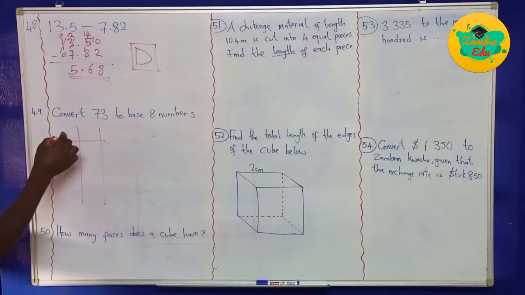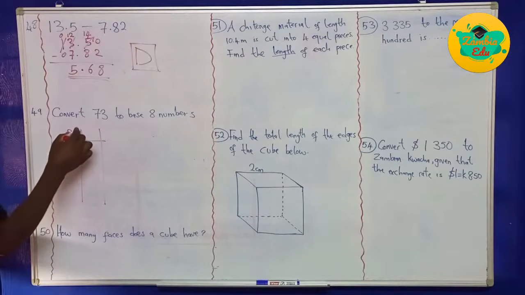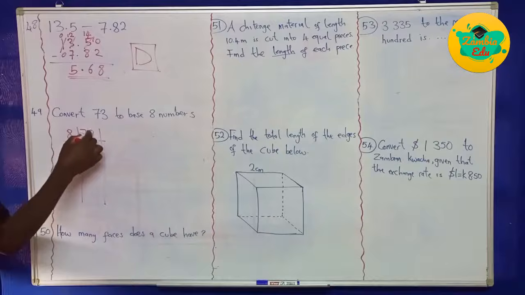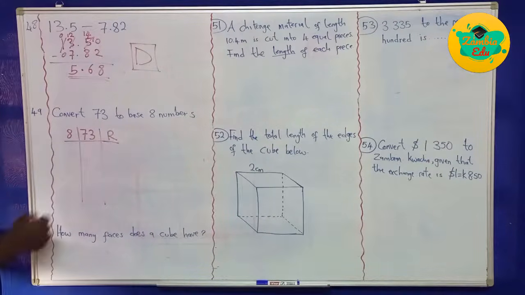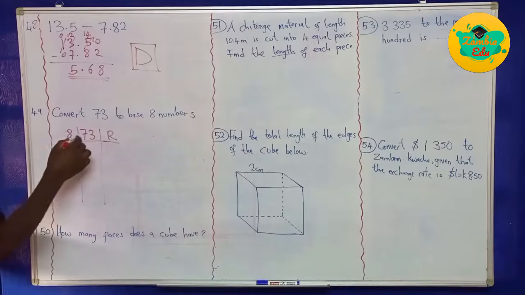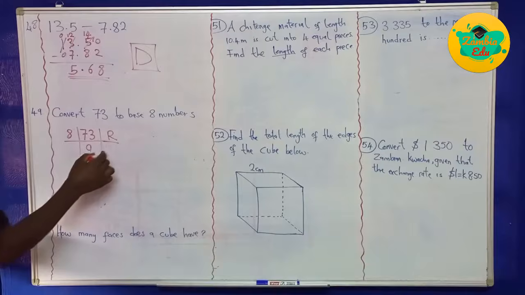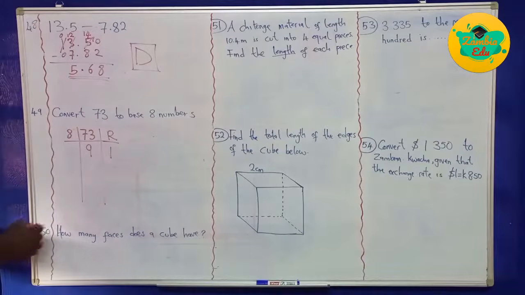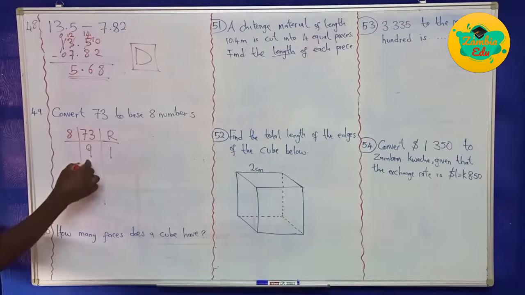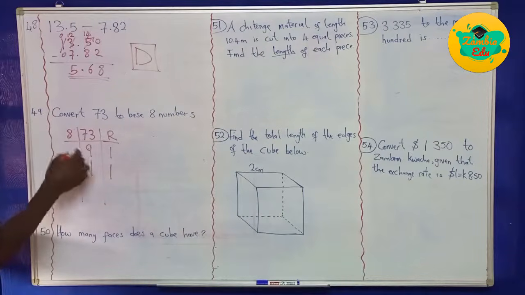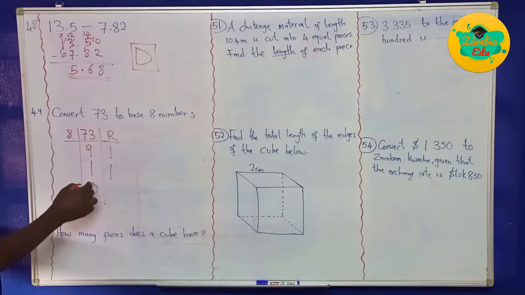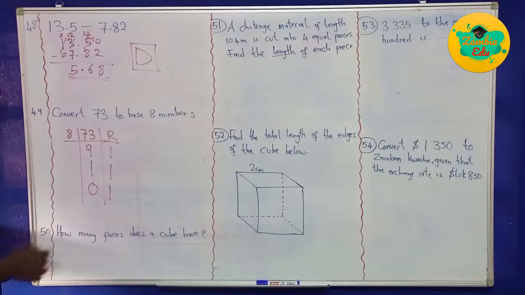There we'll have the base we want to go in, and there we'll have the base 10 number which we are given, 73, and at the end there we put our remainder. So 8 into 73 goes there 9 times, remainder 1. 8 into 9 goes there one time, remainder 1. 8 into 1 goes there 0 times, remainder 1.